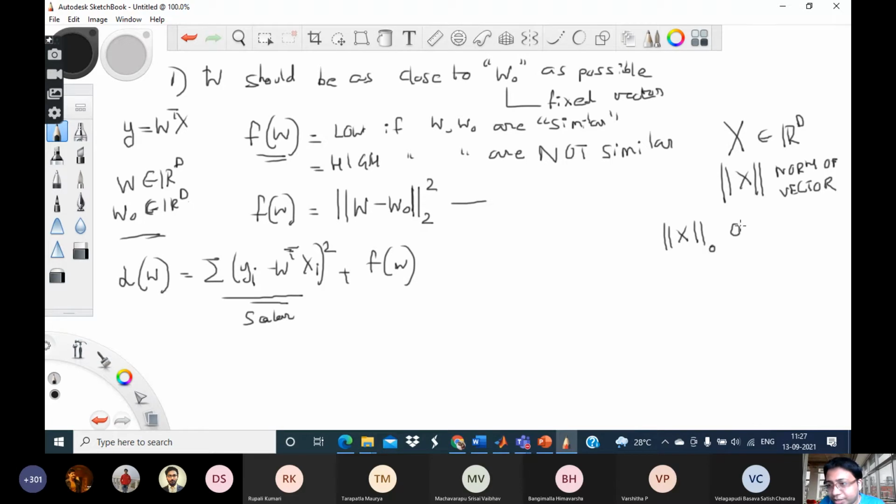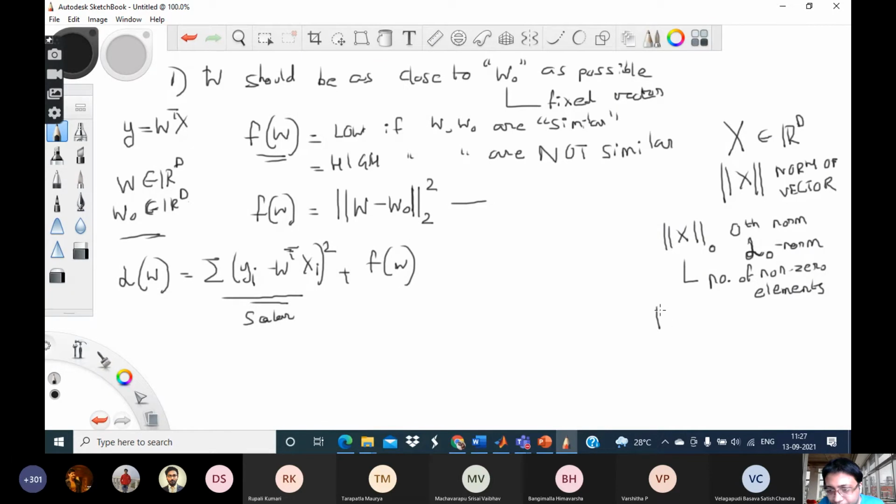This is called the 0th norm, or sometimes the L0 norm. The L0 norm of a vector is defined as the number of non-zero elements in the vector. Okay, L0 norm of a vector means number of non-zero elements of the vector.